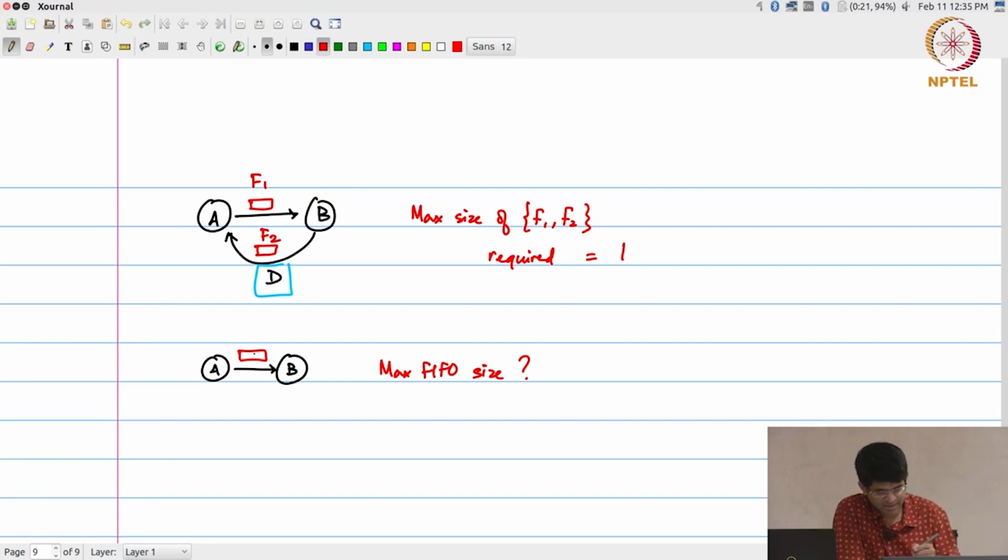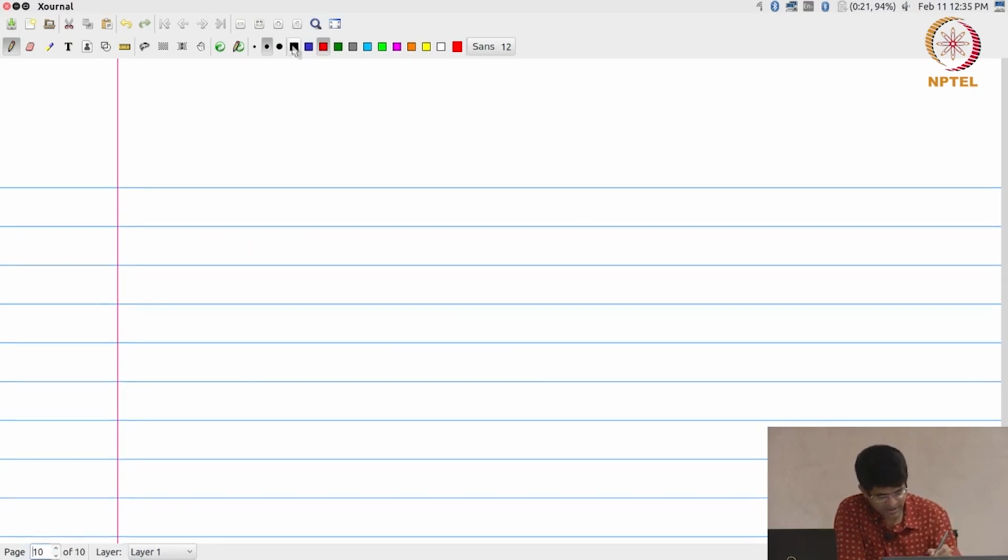Let's look at another similar scenario over here, just to understand the nature of FIFOs. Supposing I have a network that looks like this, and I have 2 and 1 over here. So what are those 2 and 1? Essentially saying that every time that A fires, it produces 2 tokens, and every time that B fires, it consumes 1 token, okay? Is this valid?